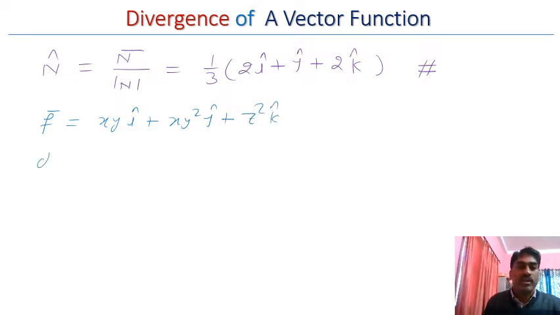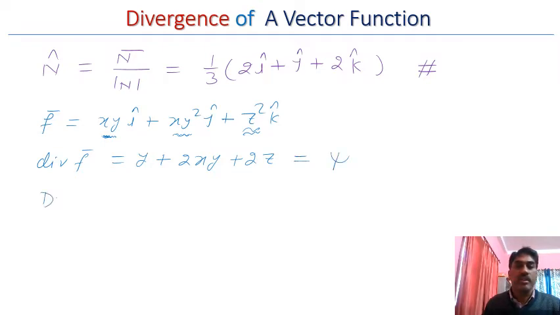So first find divergence of f. Divergence of f will be partial derivative with respect to x of the first component, so this will be y, plus partial derivative of the second component with respect to y, so this will be 2xy, plus partial derivative of the third component with z, so this is 2z. Now this is divergence, and we have to find its directional derivative. Let it be psi.